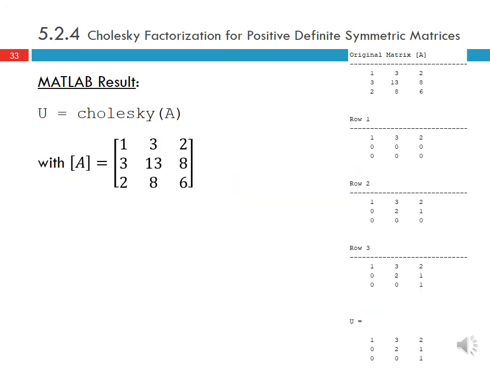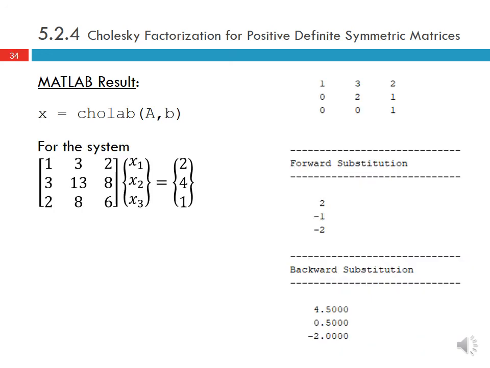So using our same matrix, this is the result from the first function. We plug in A and we get U, and it shows the different steps along the way. This starts with the original matrix, and this is how we end up with row 1, row 2, and row 3, and arrive at our final result, which is U. Then the same matrix A was used with this system of equations with this vector B to find the values of x1, x2, x3.